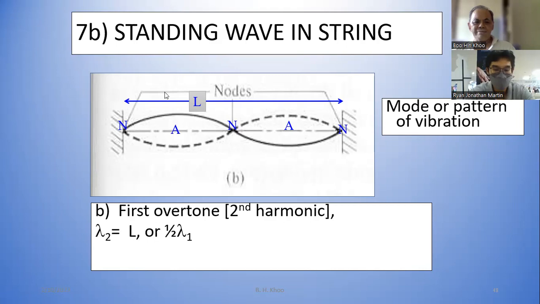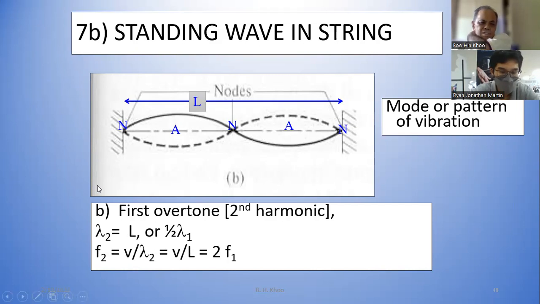So there is one wavelength between one node and the other node, one wavelength equals L. In terms of the previous, it will be half of lambda 1. So f2 is v over lambda 2, or v over L. So it's 2 f1.